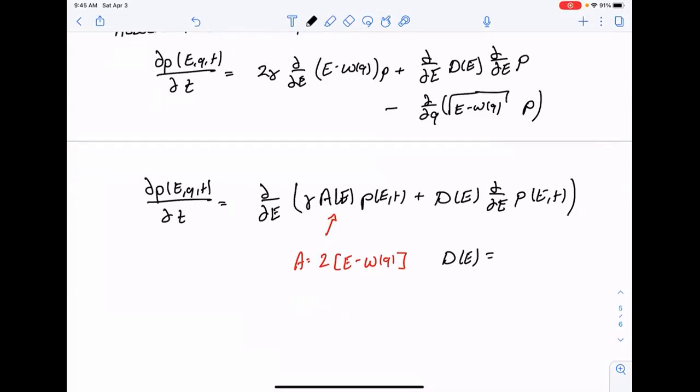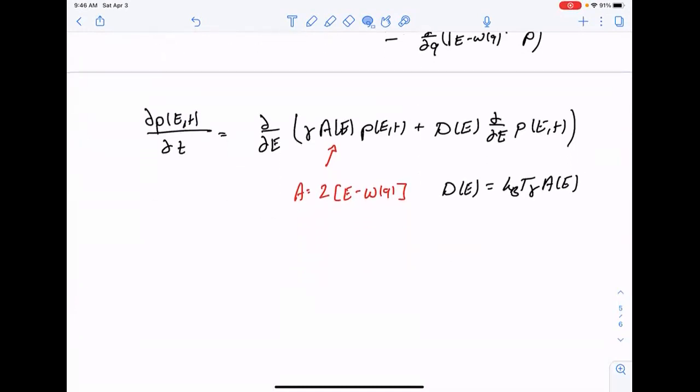And the only way to ensure that is if D of E is equal to k_B T gamma A of E. So now we have a form for an equation of motion for the probability distribution of the energy, which is exactly the form that we have if we changed all the E's to Q's. This would look just like the Kramers theory we just worked out in the spatial diffusion limit.